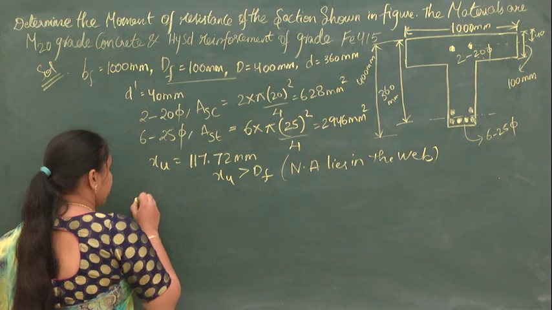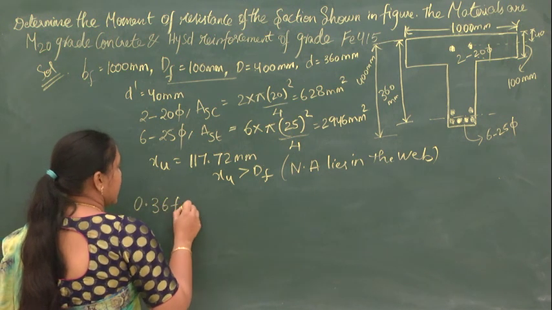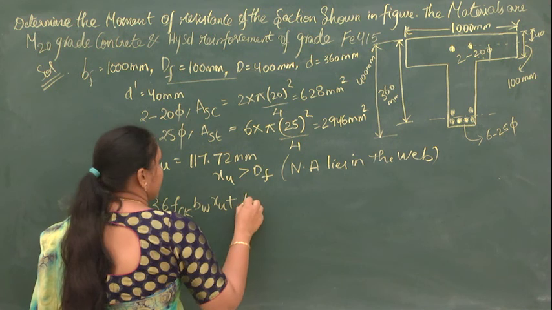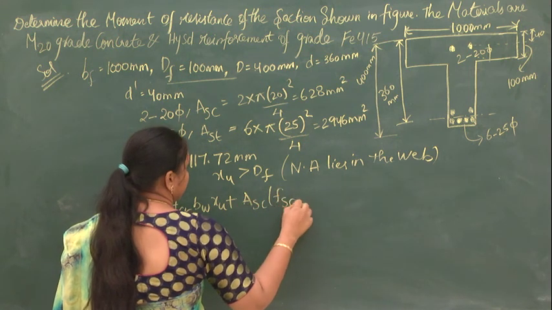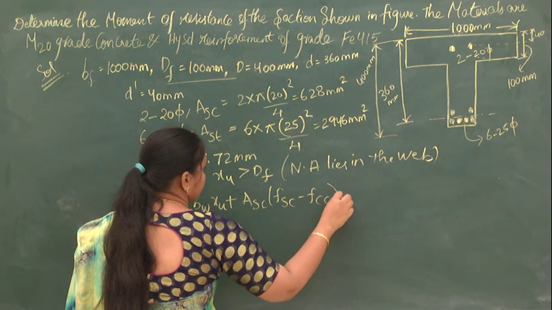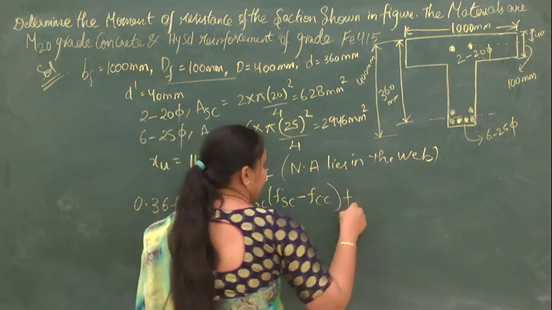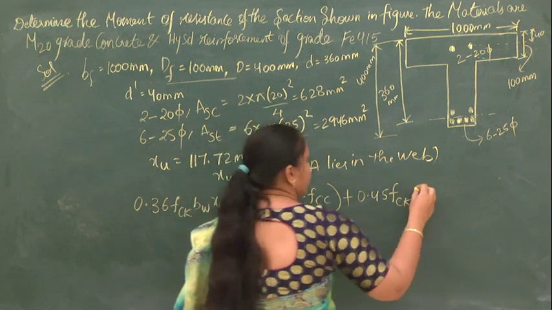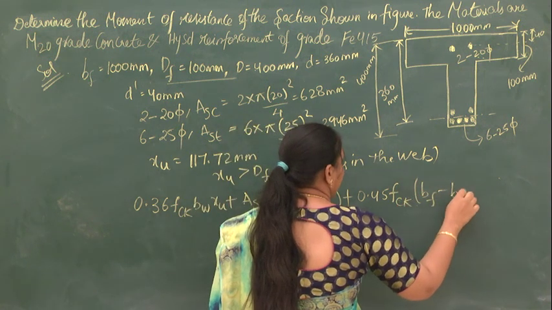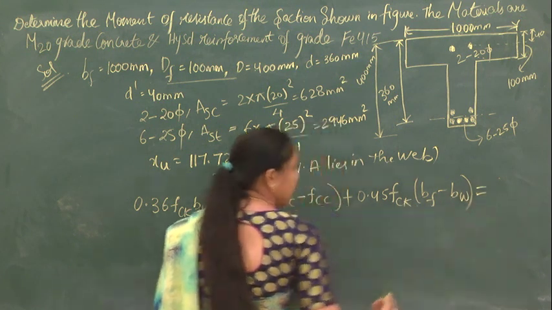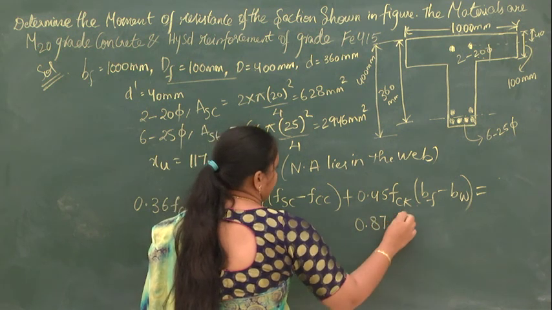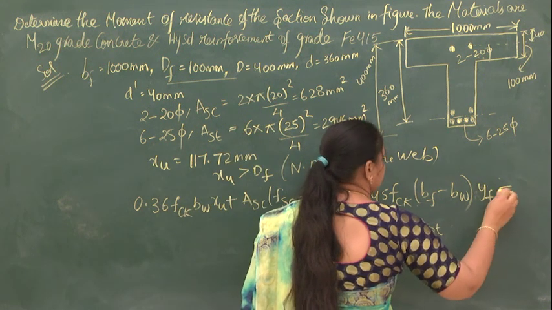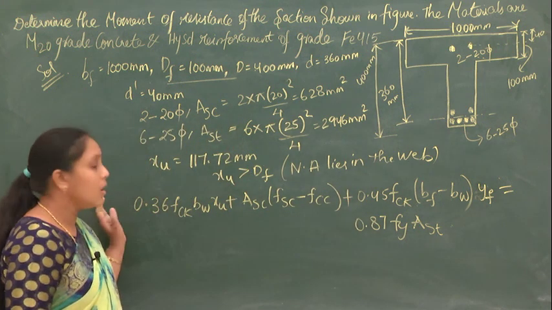So what will be the forces of compression? It is 0.36 FCK BW into XU plus ASC into FSC minus FCC plus 0.45 FCK into BF minus BW into YF will be equal to 0.87 Fy into AST.